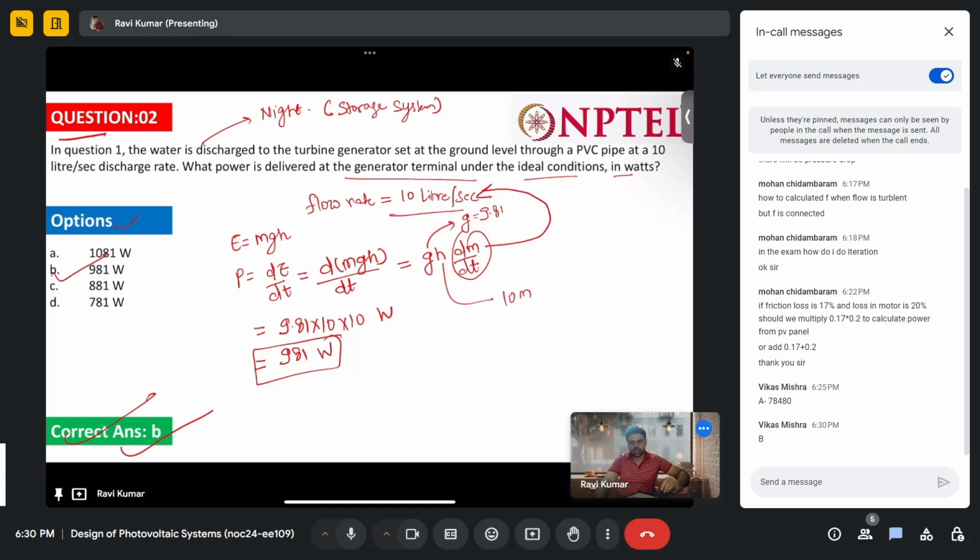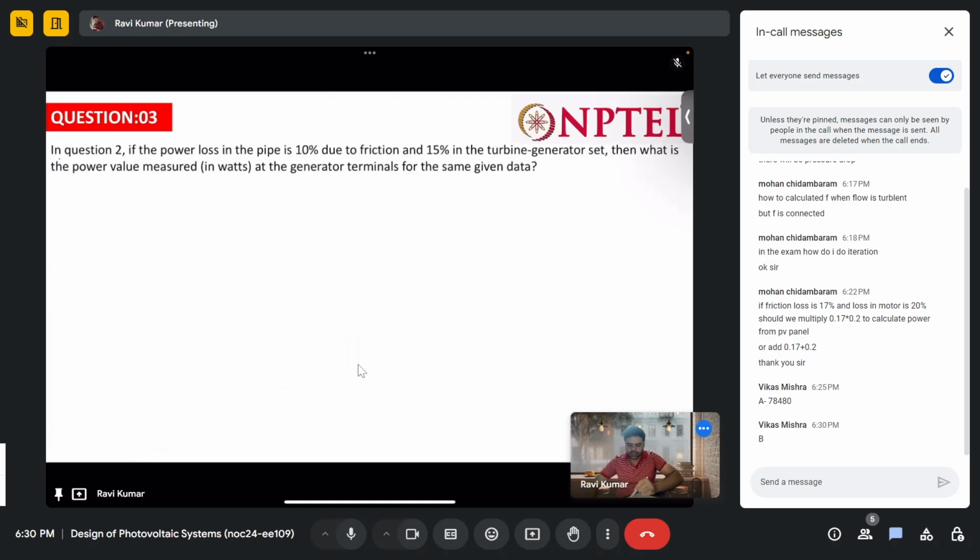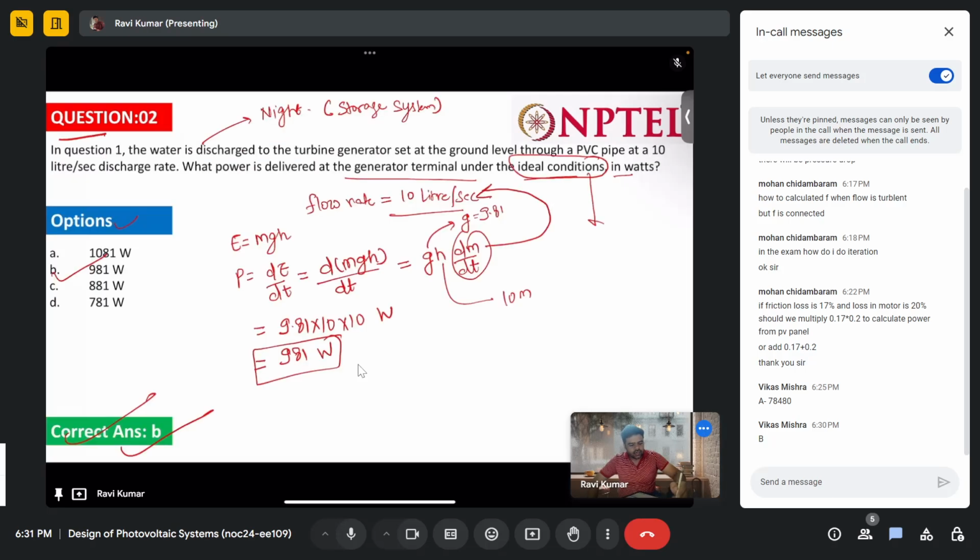Okay. So the question you were asking, I think who was asking about this? Mohan. Yes, now you will understand the same question you were asking about friction loss and all. Question 3 says, if the power loss in the pipe is 10%. In the last question, the question is saying ideal condition. It means friction loss is 0 and efficiency of the generator is 100%.